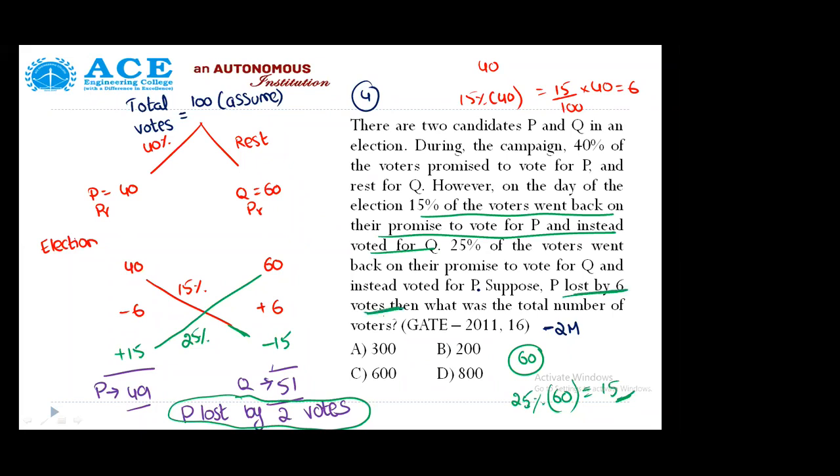If you want P lost by 6 votes, listen, this is what you have to do. If total is 100, we got P lost by 2 votes. If you want P lost by 6 votes, what should be the total then? This is into 3, right? Here, this is the correction factor. We assumed something. Now you should correct it.